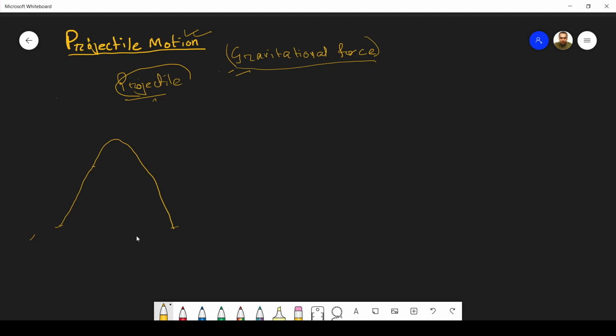Now there are three terms related to projectile motion we have to understand, and consequently we will calculate their numerical values. One of those terms is the time of flight.